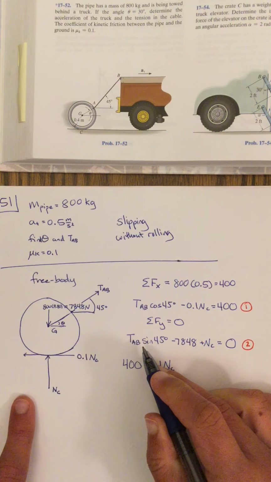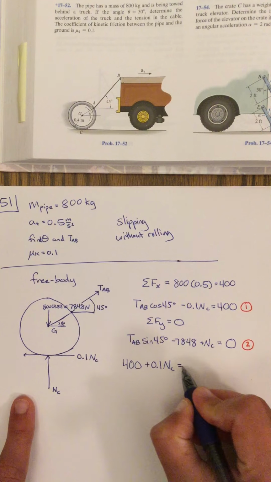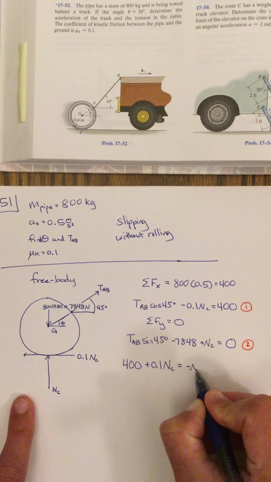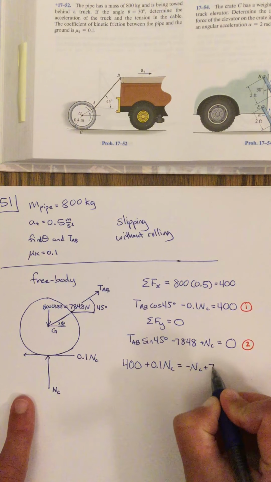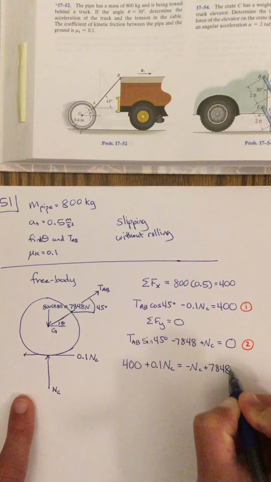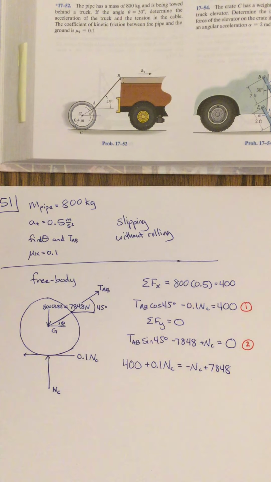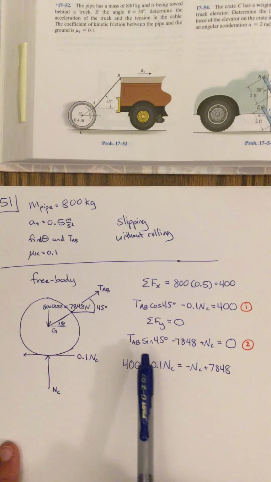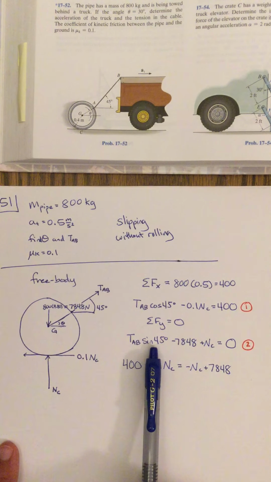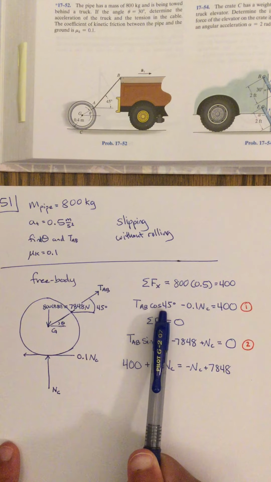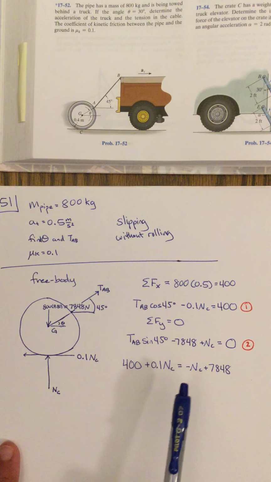And if I solve this for T_AB sine of 45 degrees, N_C over on the other side, that would be minus N_C, and this would be plus 7,848. And then I can do that because T_AB sine of 45 degrees is the same as T_AB cosine of 45 degrees.